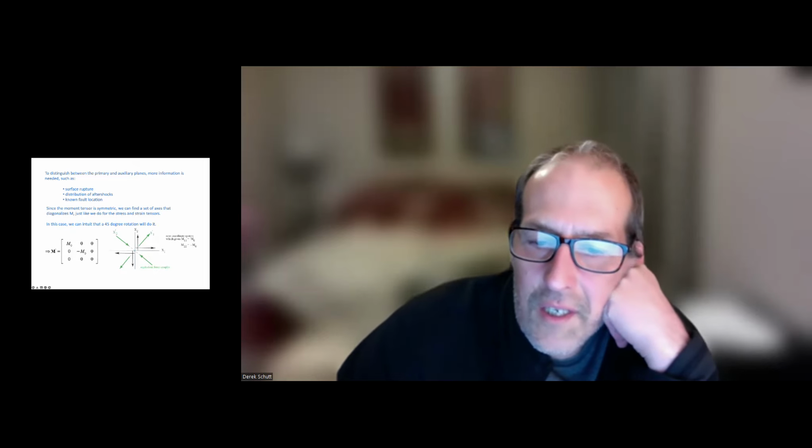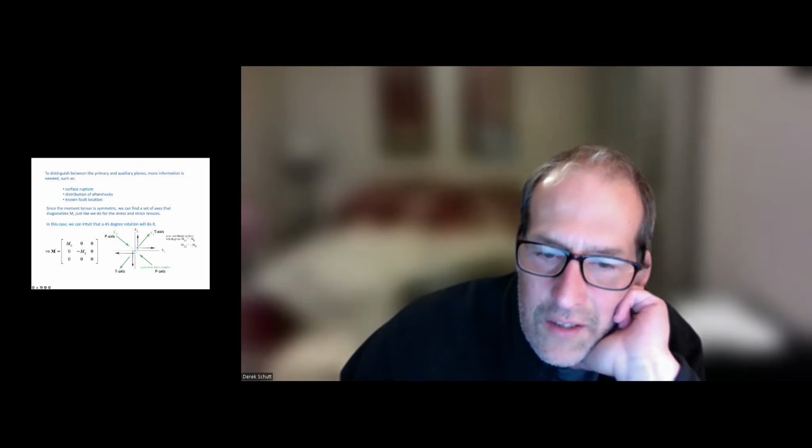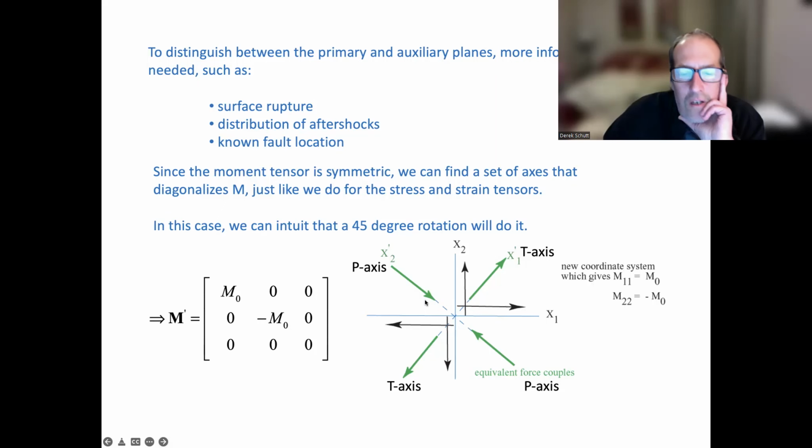So here we've produced a different couple of forces that are equivalent to our double couple. We call the axis on the x2 prime, the compressional force, the P-axis, and the tensional force, the T-axis.